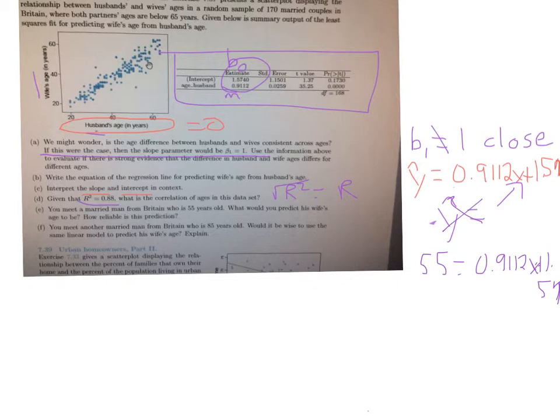And then it says for f, you meet another married man who's 85 years old. Would it be wise to use the same linear model? And the answer to that is no, because if you read through the question, it says that they only surveyed married couples up to the age of 65. And so after that, you can't really extrapolate from this data and expect it to remain the same.